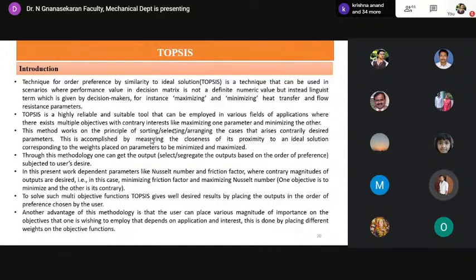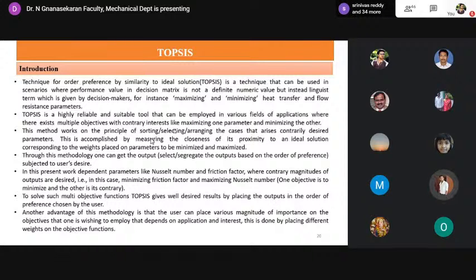So it seems to be reliable for different cases. People have applied it to different problems in the manufacturing sectors and even other fields, and we found this quite interesting, so we applied it in our work.